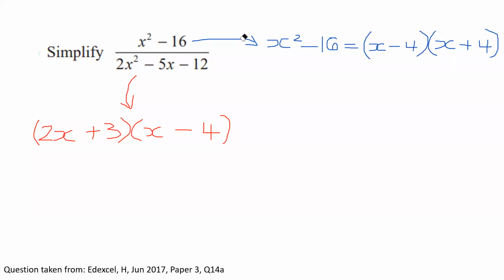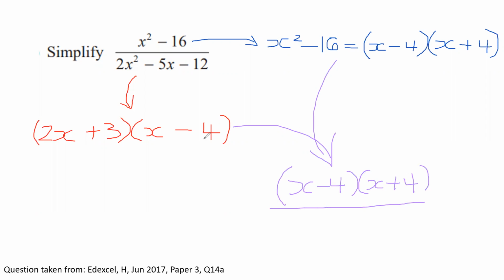It's now a good time that we can put this back together. If we take each step of this, we can now say that on the top of the fraction, we have (x minus 4)(x plus 4), and then that is divided by (2x plus 3)(x minus 4).